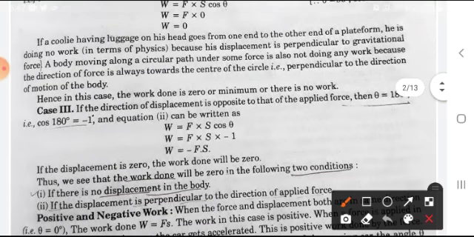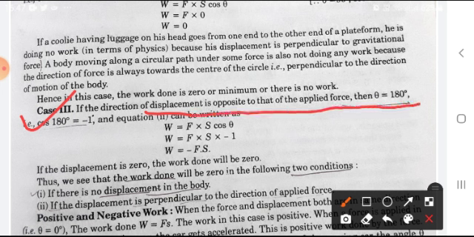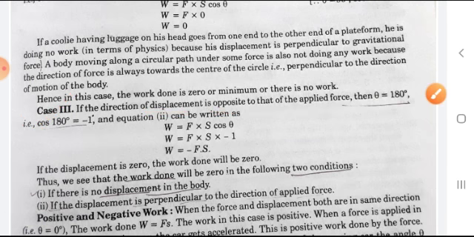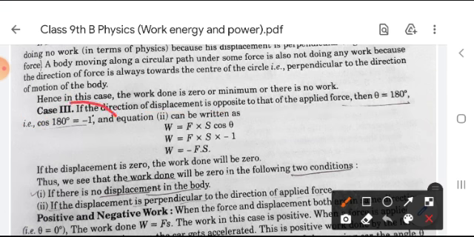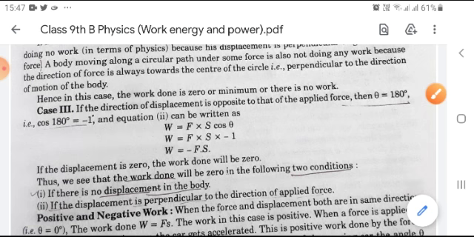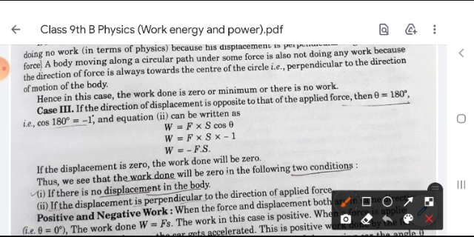Case number 3 that is given here, if the direction of displacement is opposite to that of applied force, then theta is equal to 180 degree, and in this case the value of cos 180 degree is equal to minus 1. So above equation becomes W is equal to minus Fs.